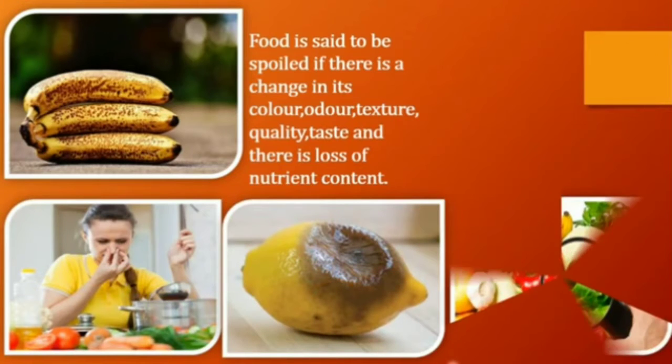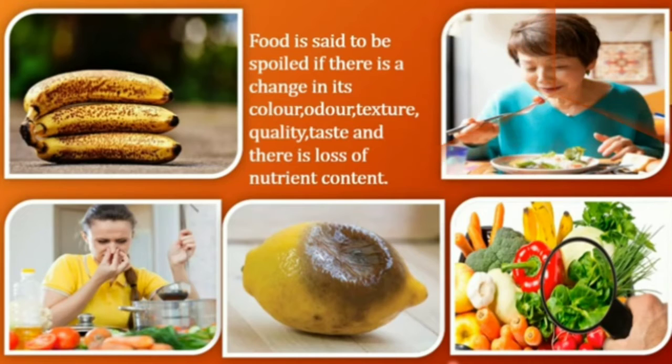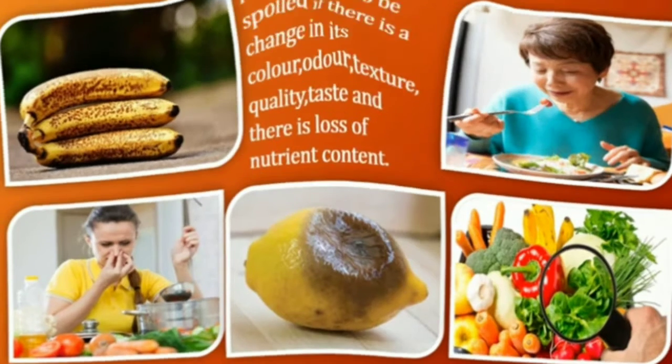Or even if there is loss of nutrient content. So we can say here food may get spoiled if there is any change in its color, odor, texture, the quality, the taste of the food, and even if there is any loss of the nutrient which are present in it.